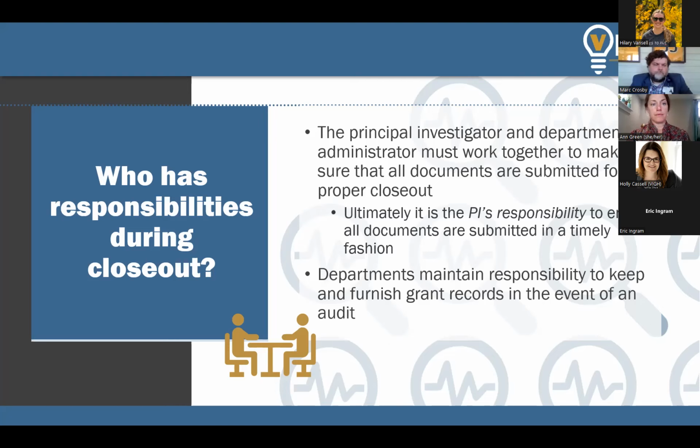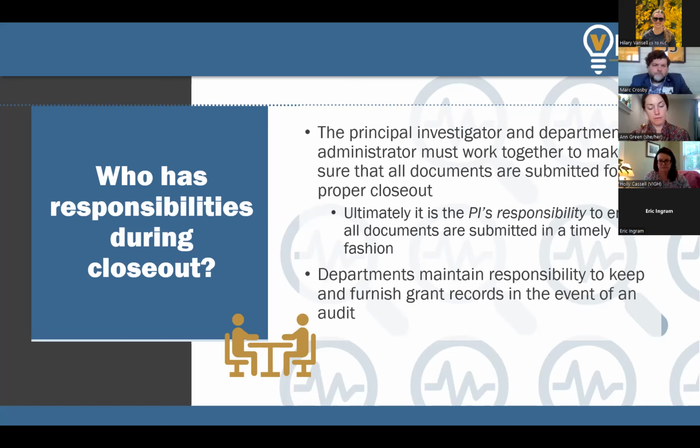And I think another important note here is documentation is really crucial. You want to have documentation that the charges have been reviewed. You have documentation of the invoices that are being paid.